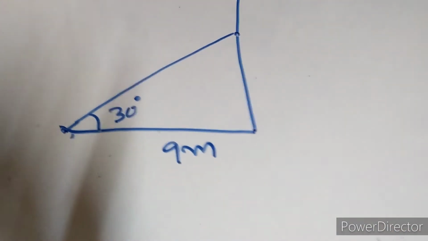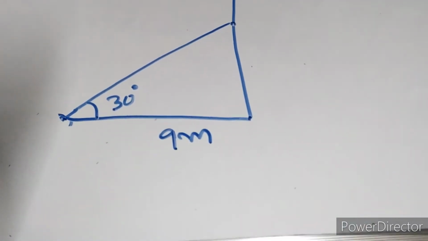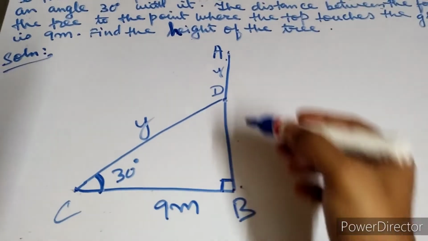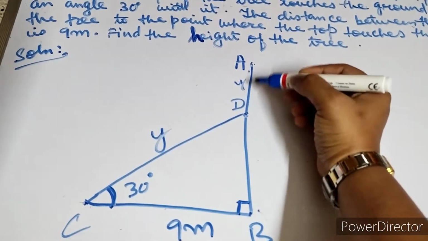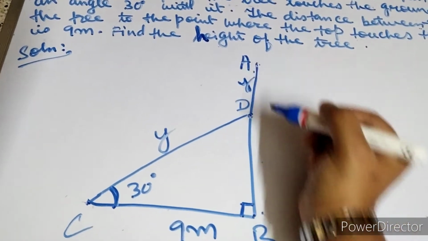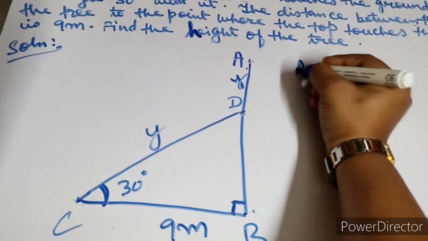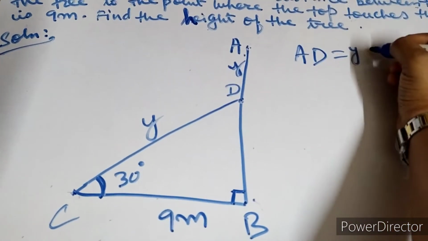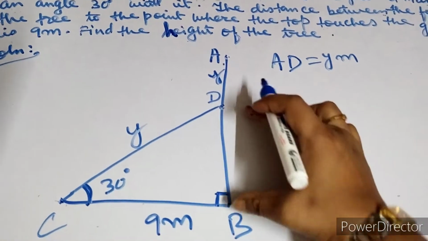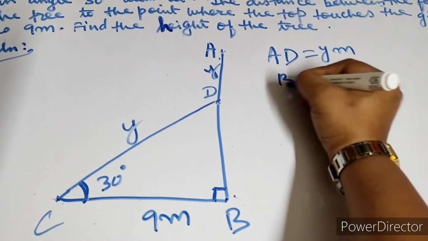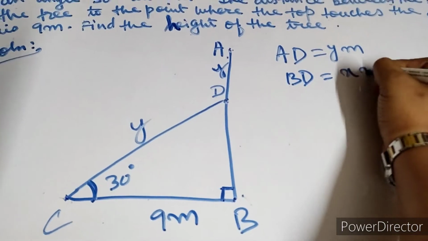Now let us name this part. See, AD is the broken part and we are taking it as Y. AD equals Y meters, the broken part, and this part BD equals X meters.